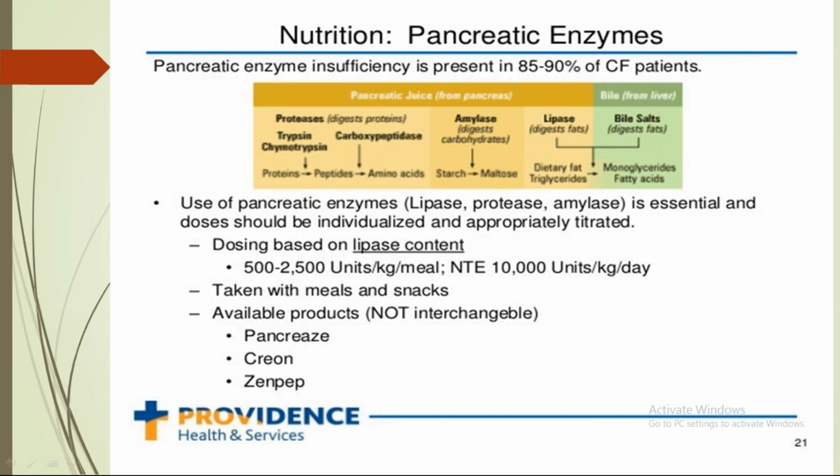The enzymes which are deficient include proteases like trypsin, chymotrypsin, and carboxypeptidase. Trypsin and chymotrypsin cleave proteins to peptides, and carboxypeptidase cleaves peptides to amino acids. These are deficient in patients with cystic fibrosis, and they digest proteins.